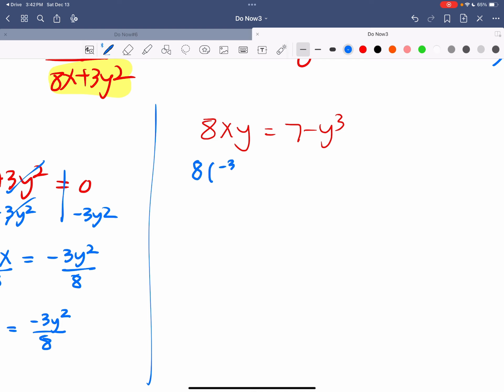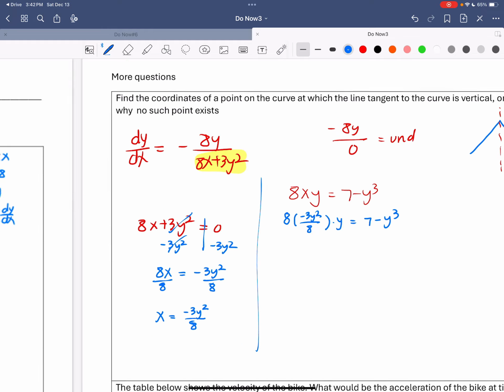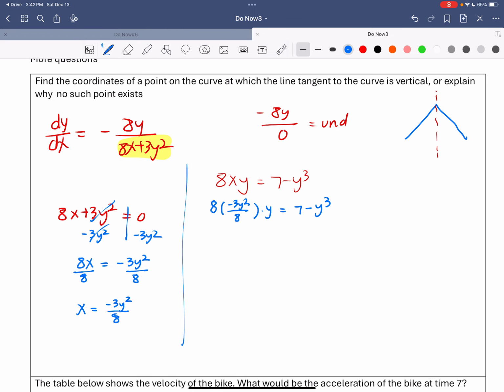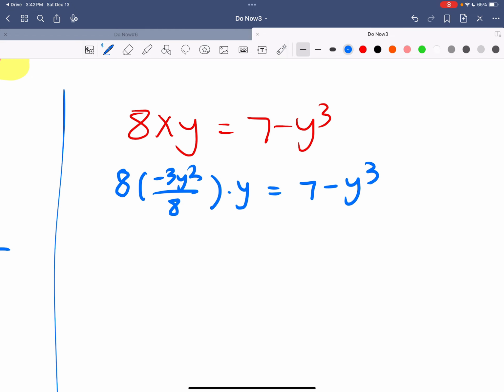So I'm going to put negative 3y squared over 8 times y equals 7 minus y to the third power. Now I'll see what I can get out of this. So, okay, the 8 times this disappears. So I have negative 3y squared times y equals 7 minus y to the third power.